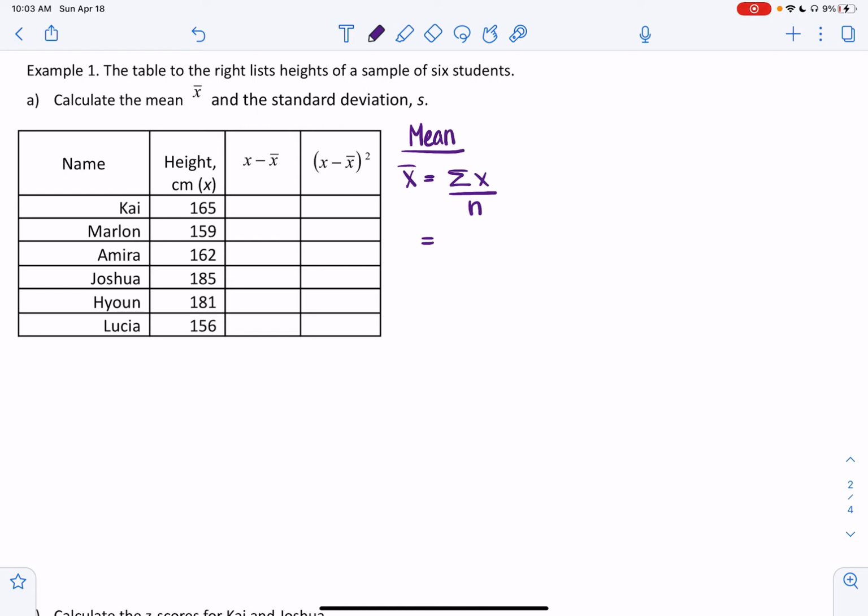So if I add up 165, 159, 162, 185, 181, and 156, I will get 1008. And we'll divide that by how many data points we added up. 1, 2, 3, 4, 5, 6. Divide by 6, and we get a mean height of 168. Now next, we're going to calculate our standard deviation.